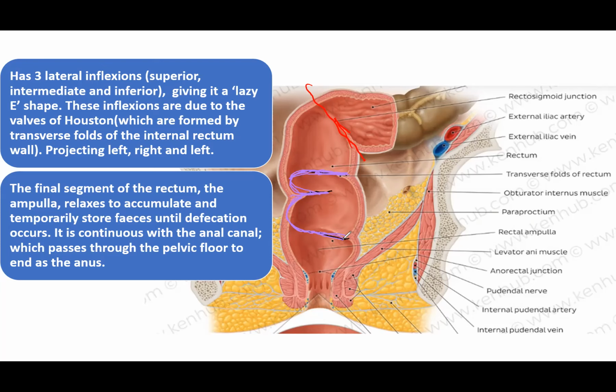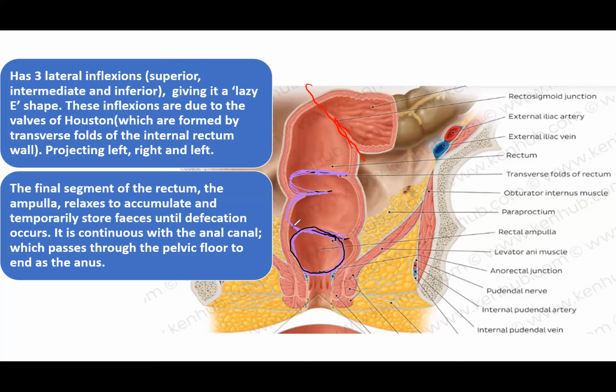If you look at this structure of the rectum, below these valves of Houston you have a dilated portion of the rectum called the ampulla. This portion, the ampulla, forms a temporal reservoir for feces, and it is at the ampulla that the defecation reflex is stimulated.